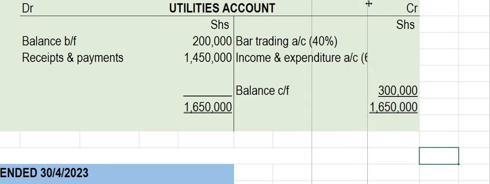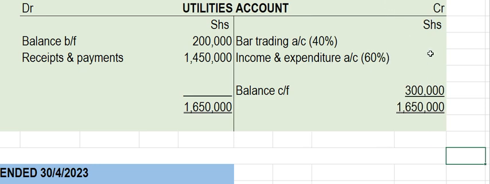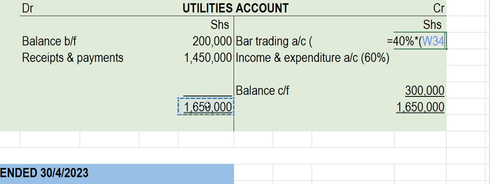So the expense for utilities has to be apportioned, as we are going to see. I have to get 40% times the total minus this balance carried forward. That gives you 540,000. That is the utilities to take to the bar.